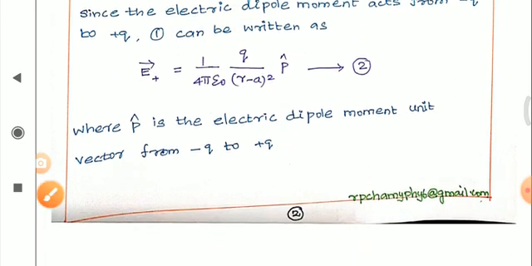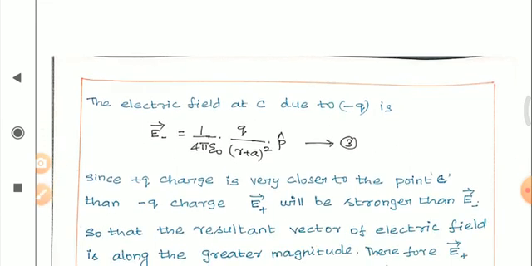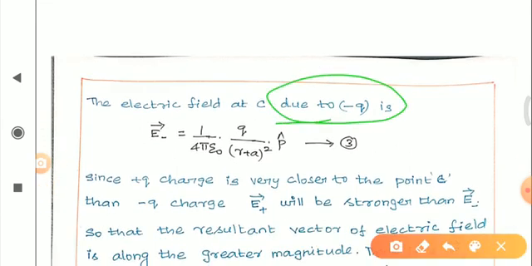Okay, right. What is the next step? Next we are going to calculate the electric field due to the negative charge. Only the distance will be different; the magnitude of charge is the same. So we can write E minus is equal to 1 by 4 pi epsilon naught into Q divided by r plus a whole square into p cap. What is p cap?